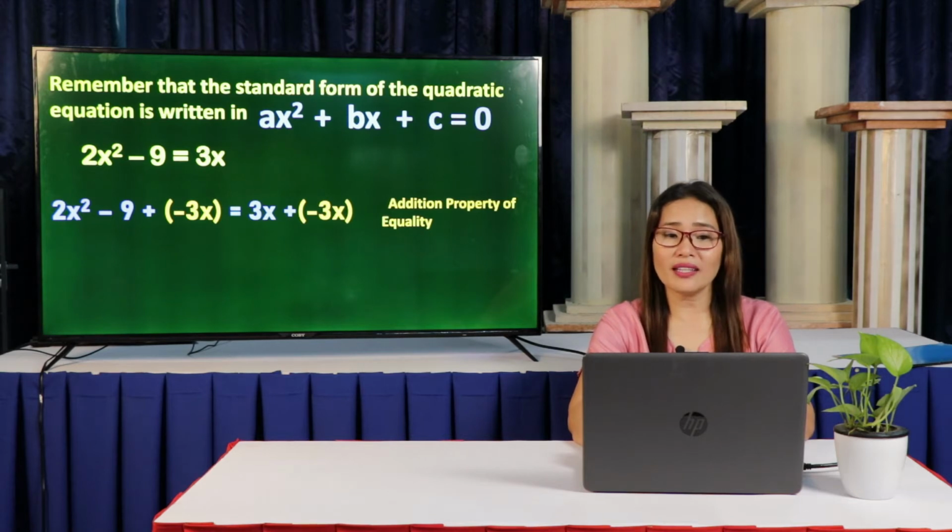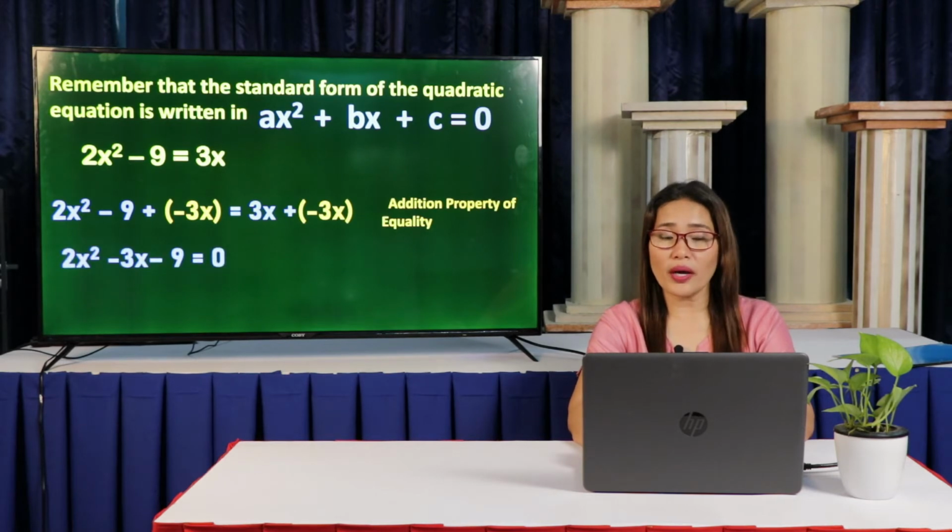So you will add negative 3x to both sides, making the equation 2x squared minus 9 plus negative 3x equals 3x plus negative 3x. Thus, the simplified form of the equation will be 2x squared minus 3x minus 9 equals 0.